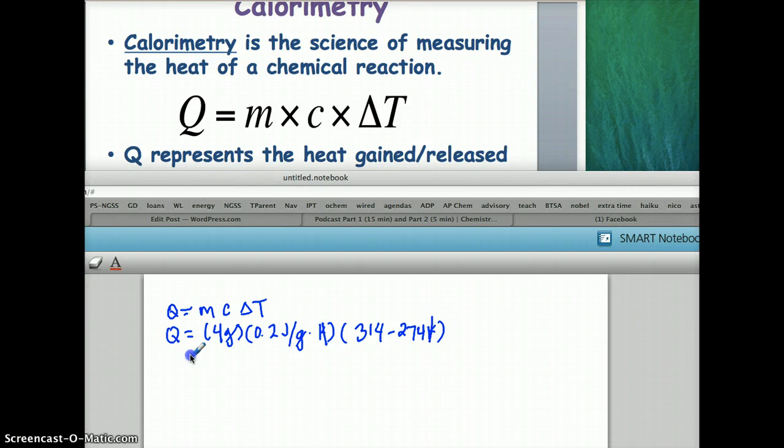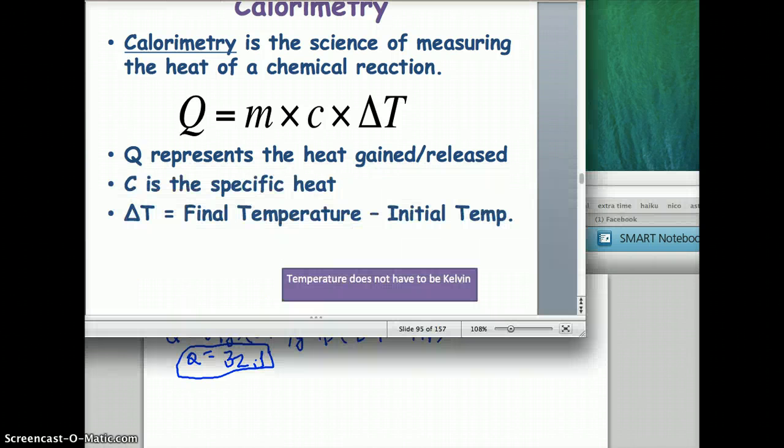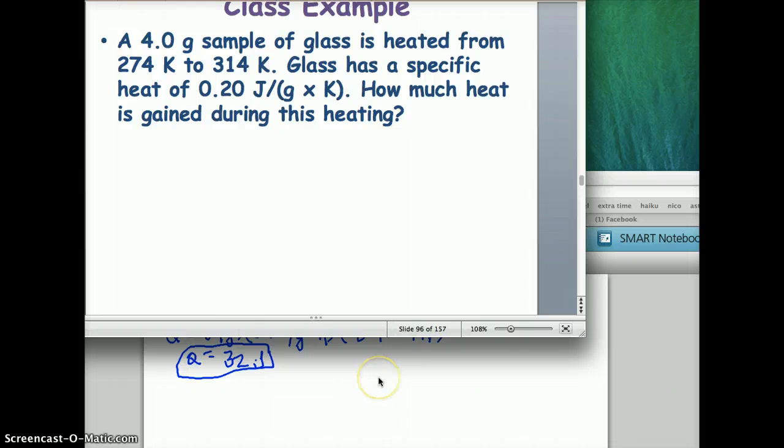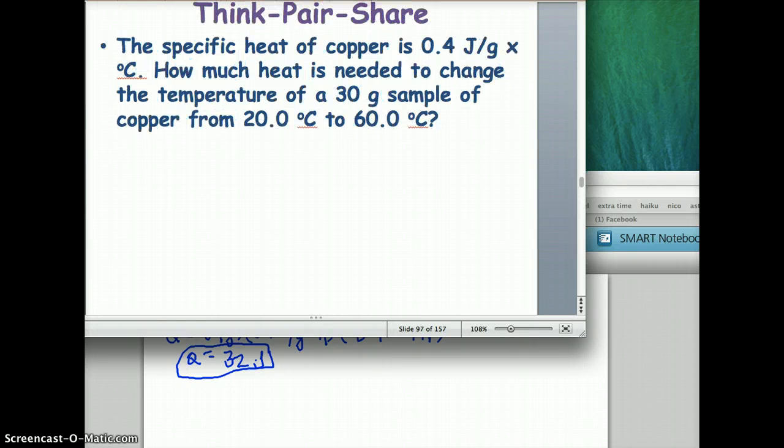So Q is equal to 32 joules. Okay, so 32 joules of energy or heat is gained by this glass.